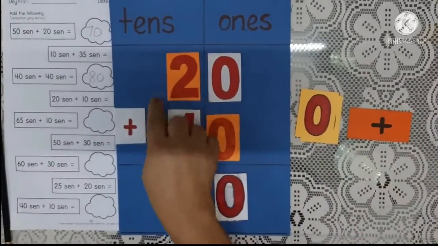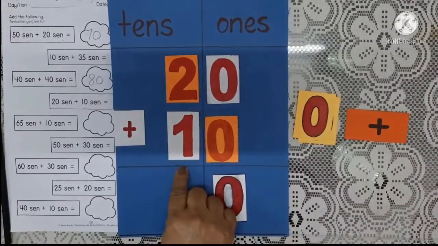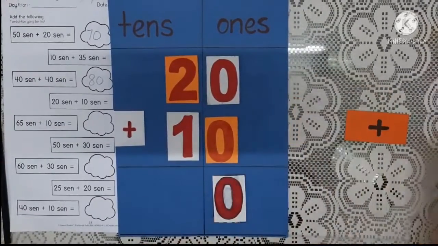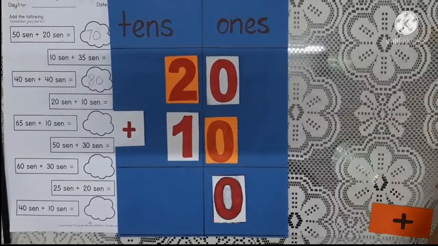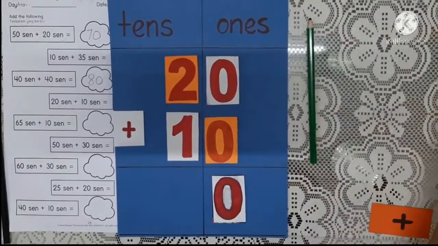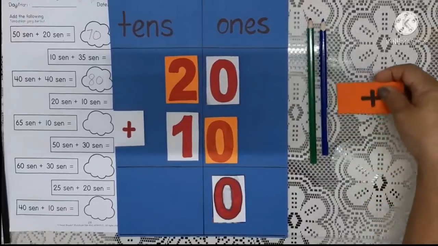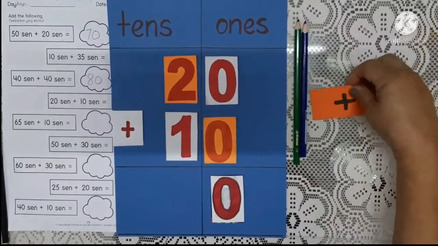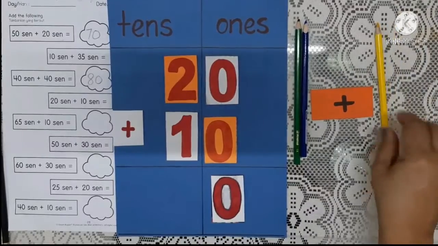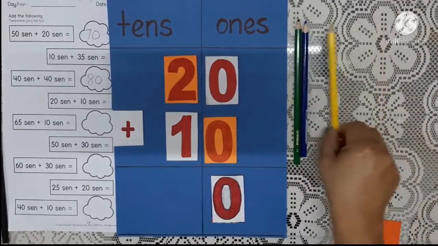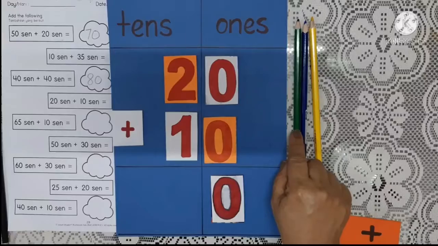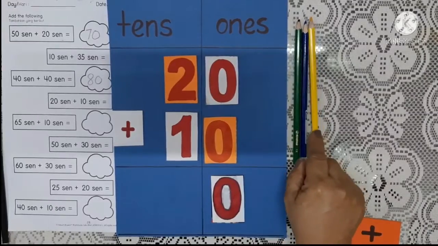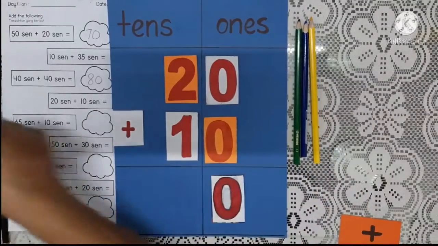Now 2 plus 1. Let's take 2 pencils. 1, 2. And we take another 1 pencil. So let's bring them together and see the total number. 1, 2, 3. 3.